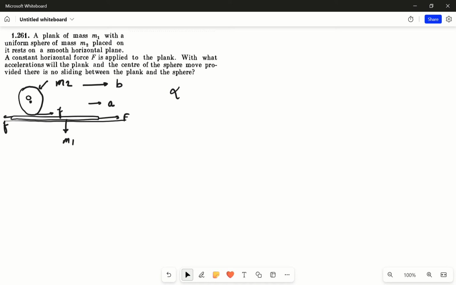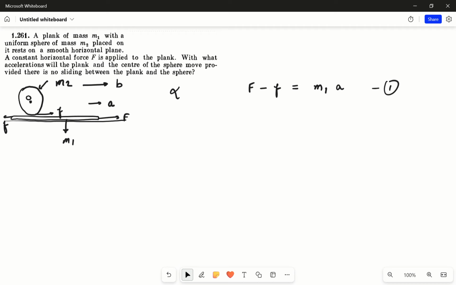So let's begin. The first equation would be the linear equation of motion of the plank: capital F minus friction force is equal to the mass of the plank into the acceleration of the plank, F minus f = m1 a. This would be the first equation.